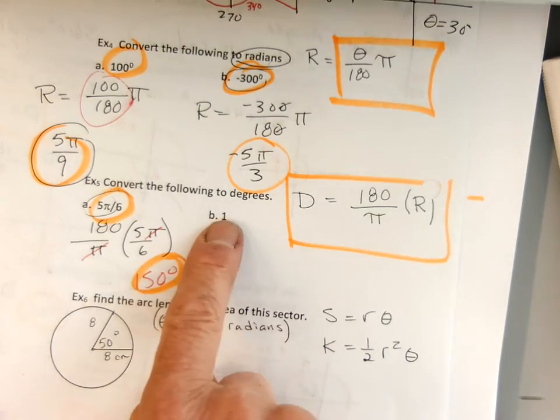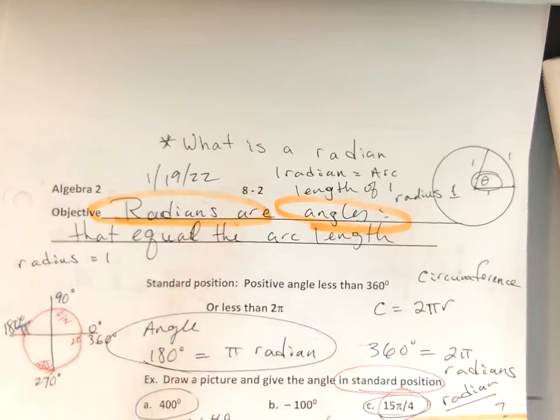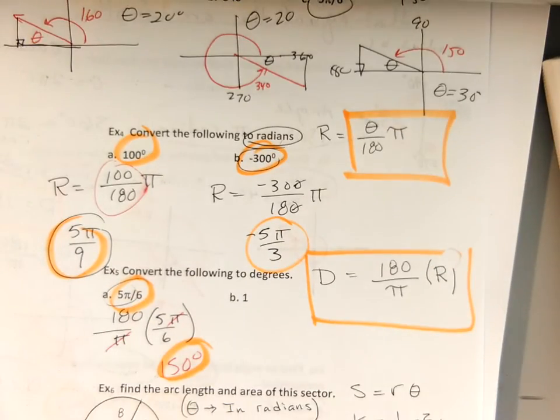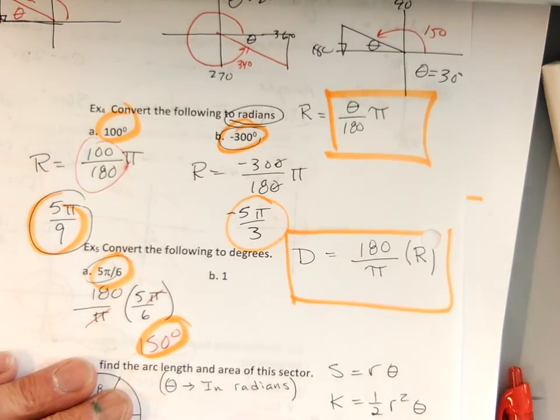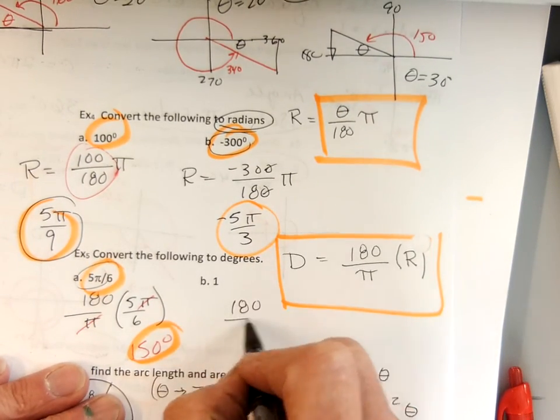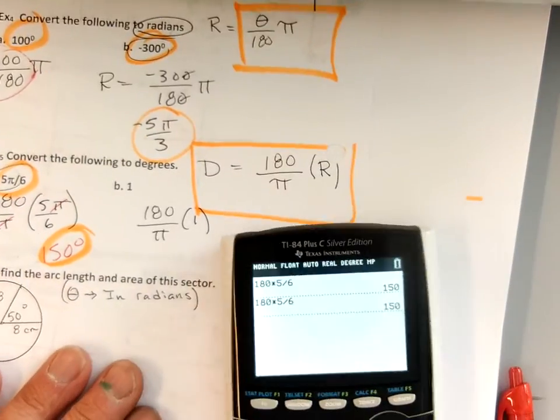Now, 1 radian, I kind of told you what it is already. 1 radian is about 57 degrees, but let's double check it. Let's use the formula. I'm going to go 180 over π times 1. Now you can't cancel a π, can you?